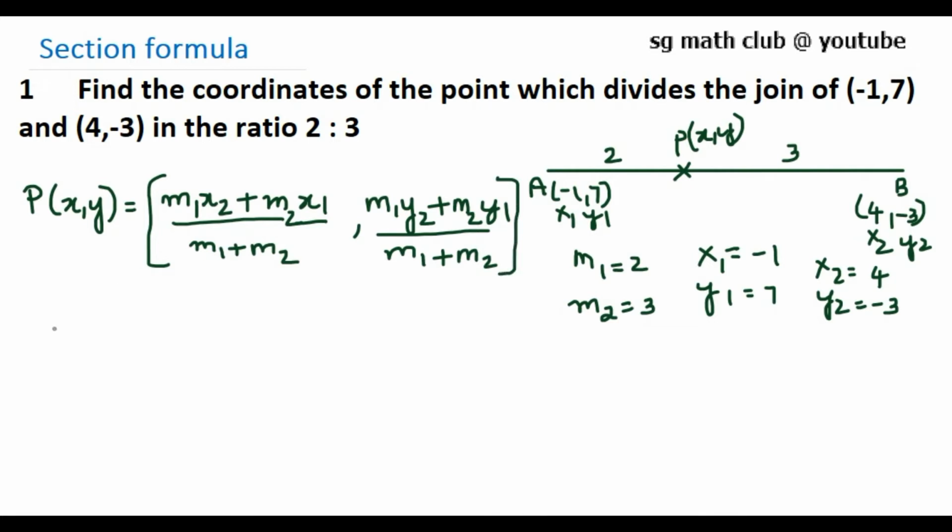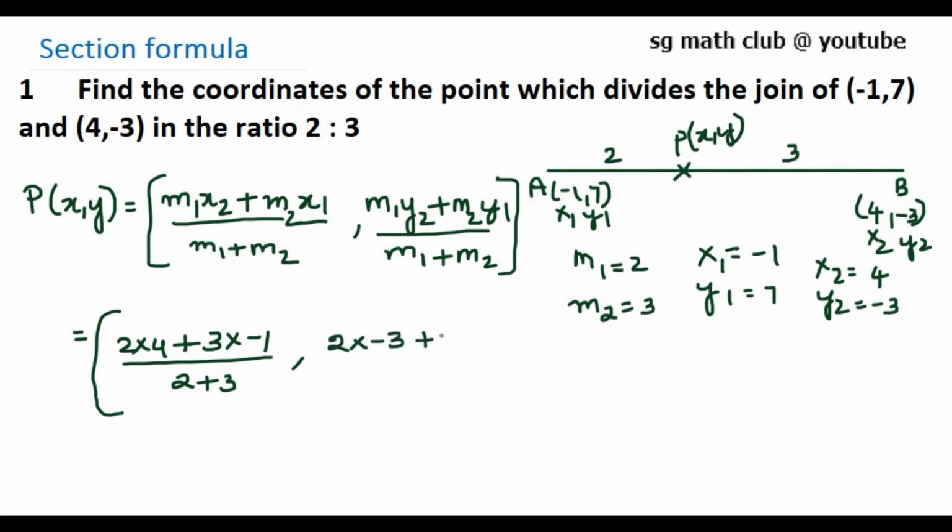We'll substitute the values to get the coordinates x and y. So, m1 is 2 into 4 plus m2 is 3 into -1 divided by 2 plus 3. Again, m1 2 into y2 is -3 plus 3 into y1 is 7 divided by 2 plus 3.